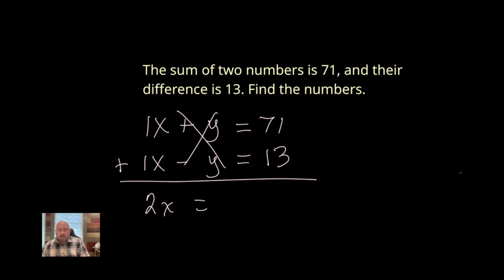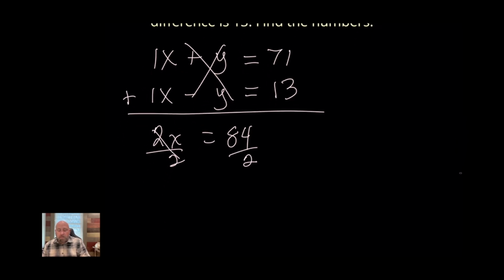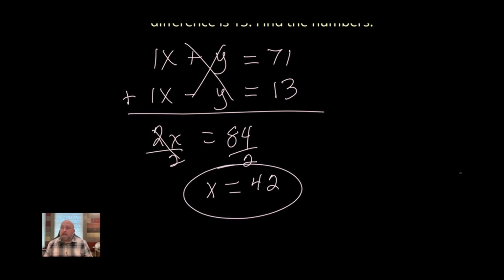Those cancel, equals, and then we're going to add these together, and we're going to get 84. Okay. And then this is fairly simple math. We're just going to divide both sides by 2, and we're going to end up with x equals 42.